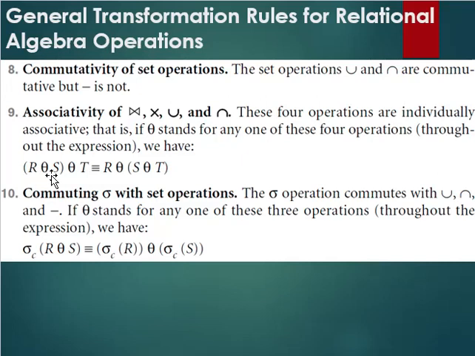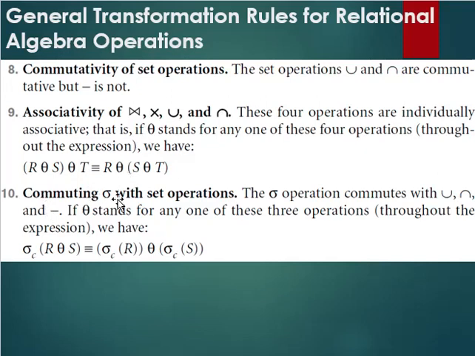So R join S join T can be written as R join (S join T), or if theta is taken as cross, R cross S cross T is equal to R cross (S cross T). Here theta is just used as an arbitrary placeholder for join, cross, union and intersection. It is just indicating these operations, so theta is not our operation.